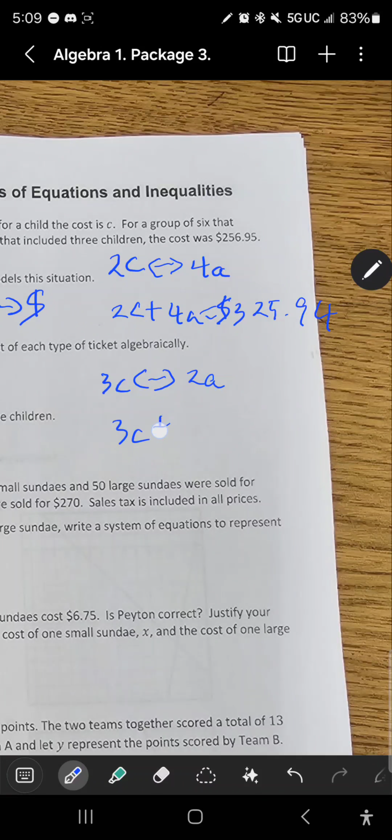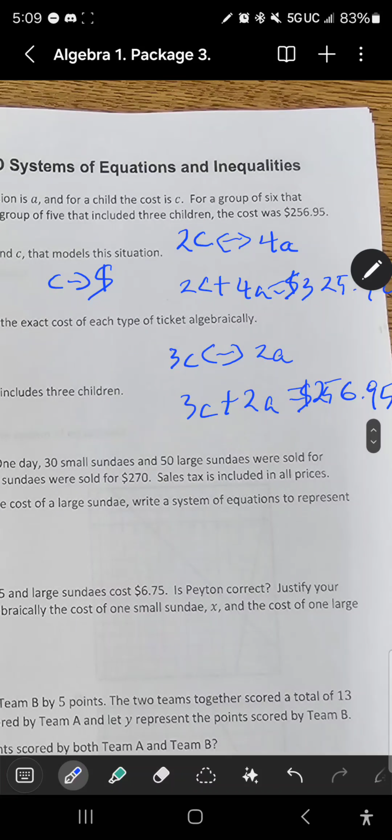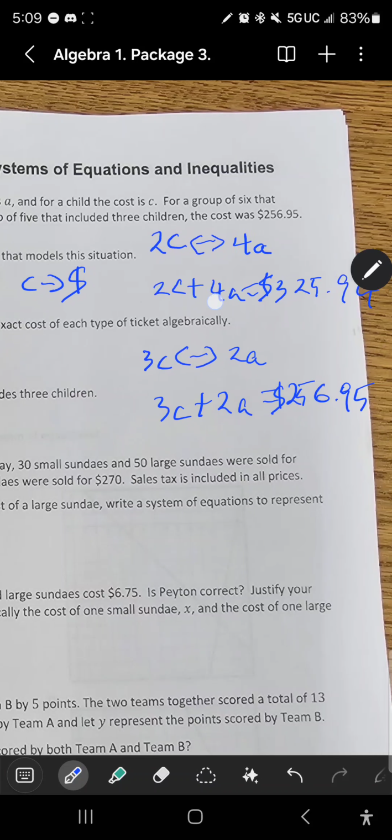So I will say that 3C plus 2A equals $256.95. I'm basically trying to combine it. I think it is pretty straightforward.